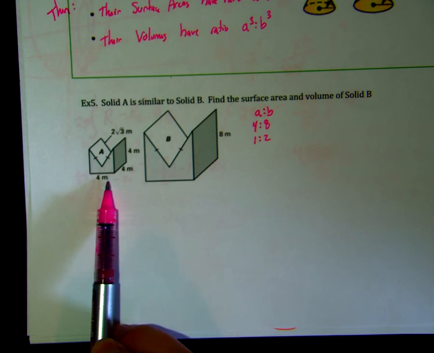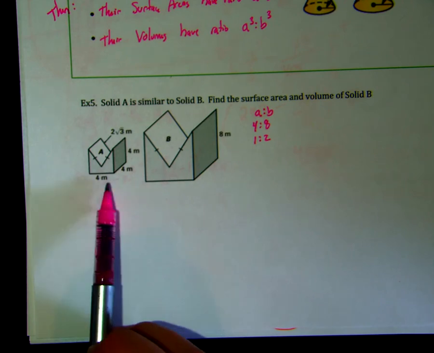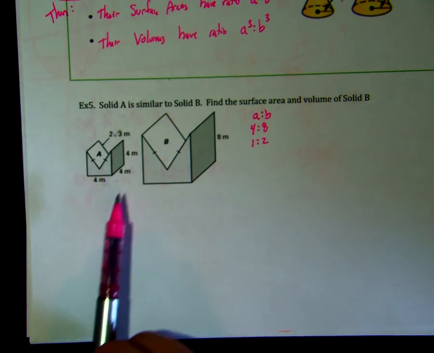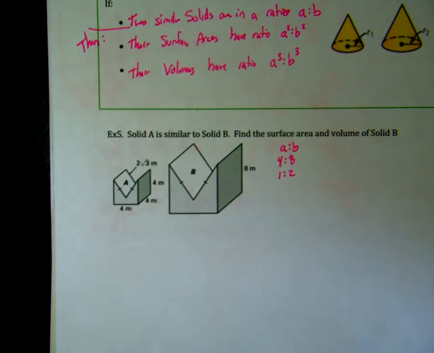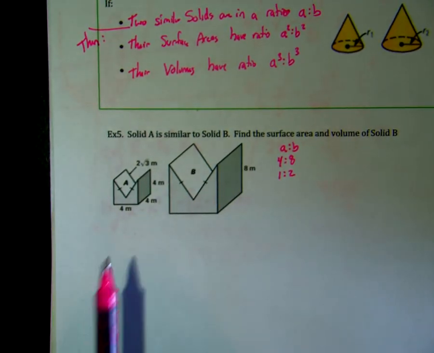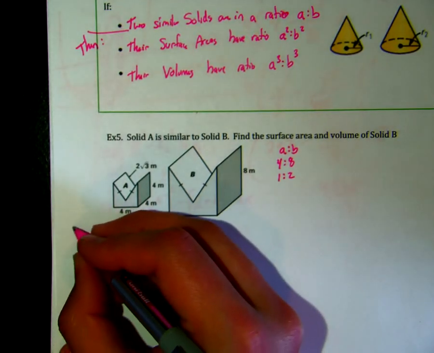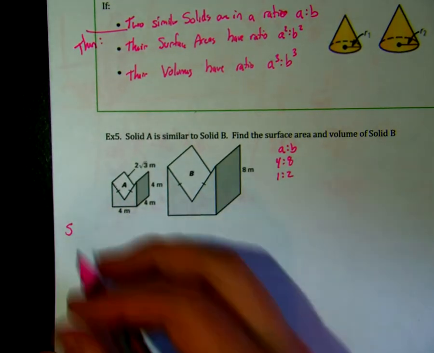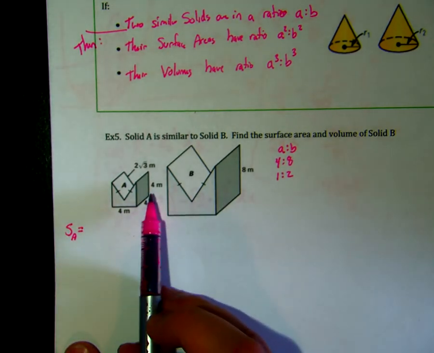Now, to find the surface area, this has 1, 2, 3, 4, 5, 7 faces. So I need to find the area of all 7 of the faces and add them together to find my surface area. So the surface area of A, I'll do SA. This side is a square, 4 by 4.